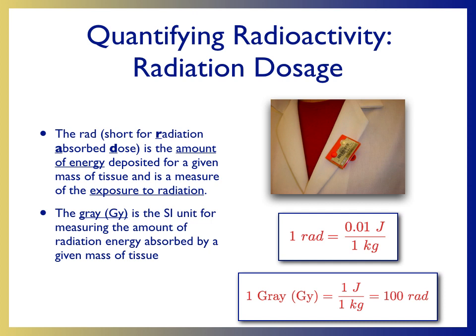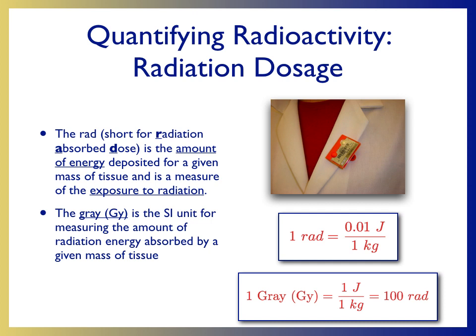Another unit related to the rad is the gray, which is considered the SI unit for measuring radiation dosage. It is equal to 1 joule per 1 kilogram of tissue, or 100 rads. In the picture on the right, a worker is wearing a badge that measures radiation dosage in grays.